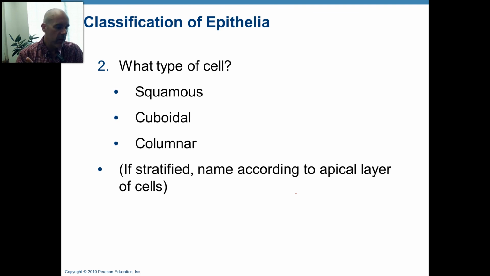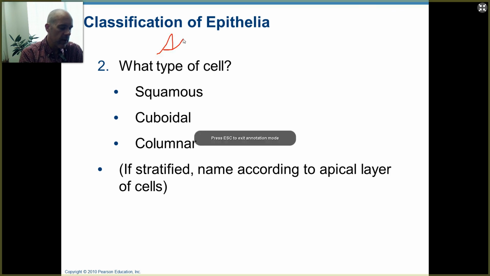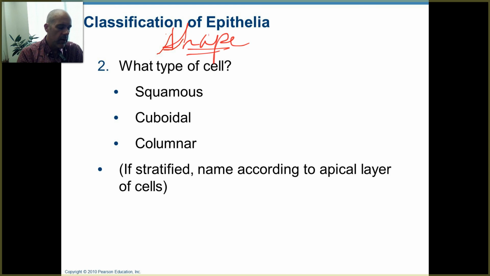The other thing you have to know is what cell type do you have. There are three basic cell shapes that epithelial tissues can have. I might refer to this as shape. Squamous means flat. So flat cells, and I mean super flat, almost pancake flat.